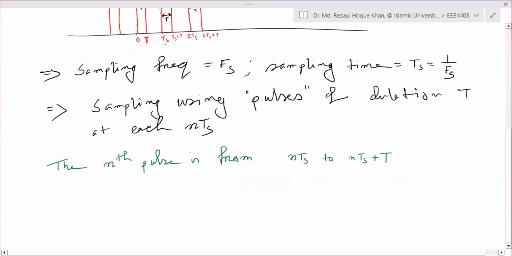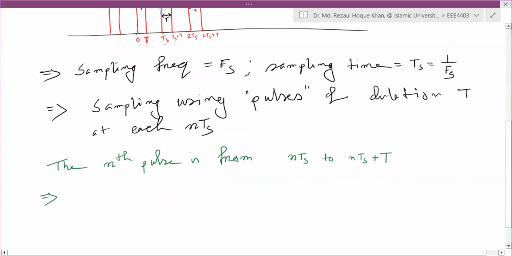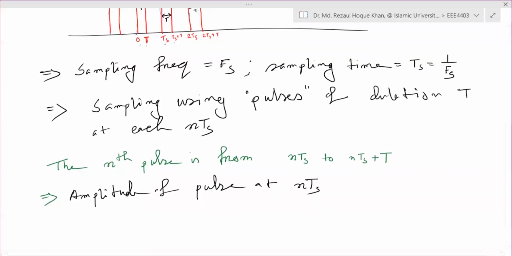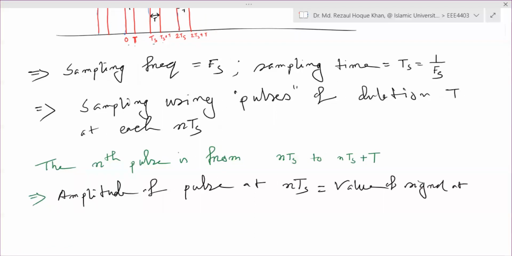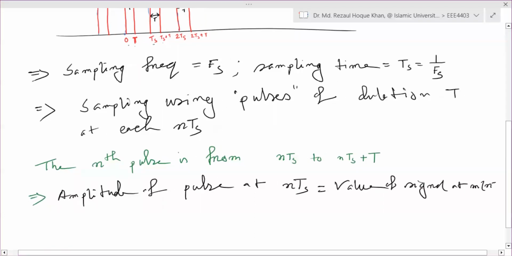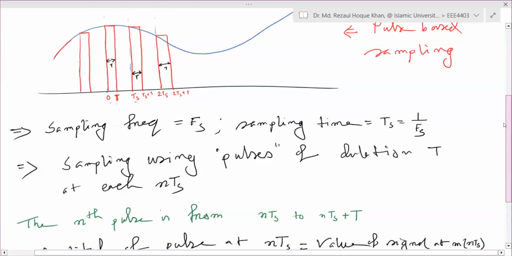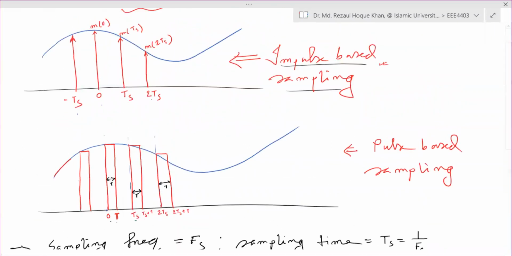At any moment, the amplitude of the pulse at n TS will be the value of the signal at n TS, that is m of n TS, same as the previous case.